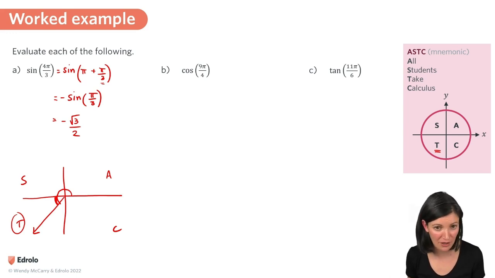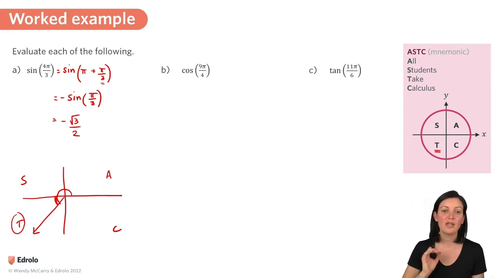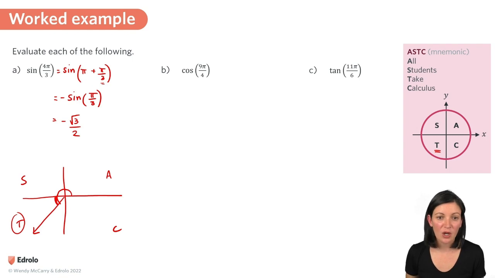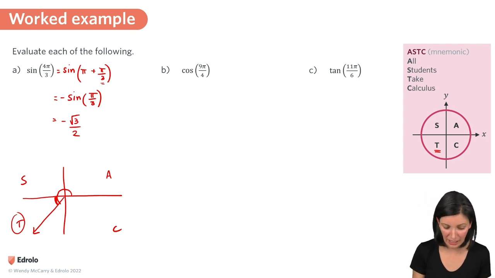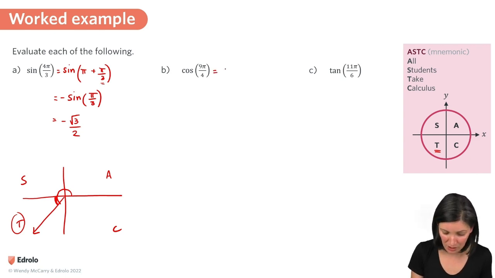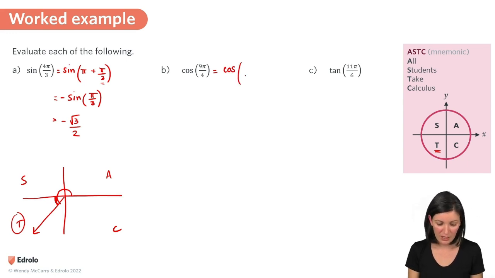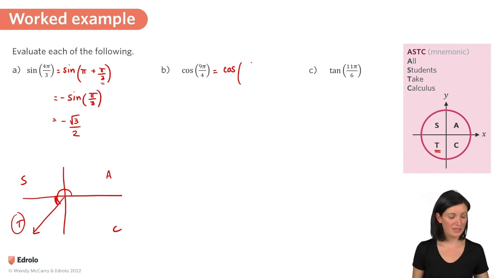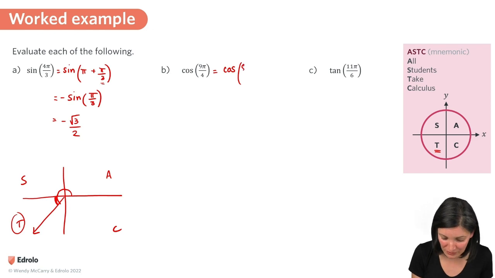Let's do another example. I want to work out the cos of 9 pi on 4. Again, I'm going to try and work out my reference angle here. I can break this into the cos of 9 pi on 4, which is like 8 pi on 4 plus pi on 4.